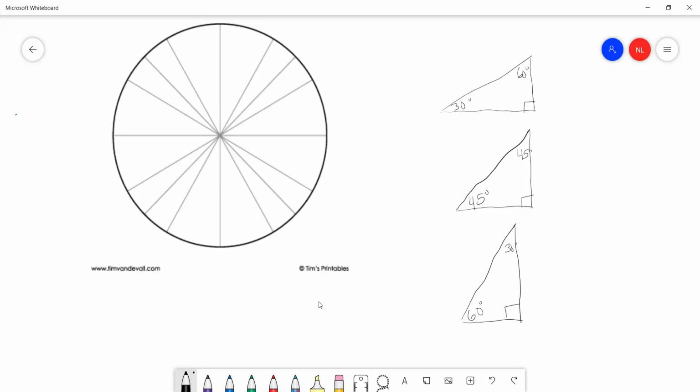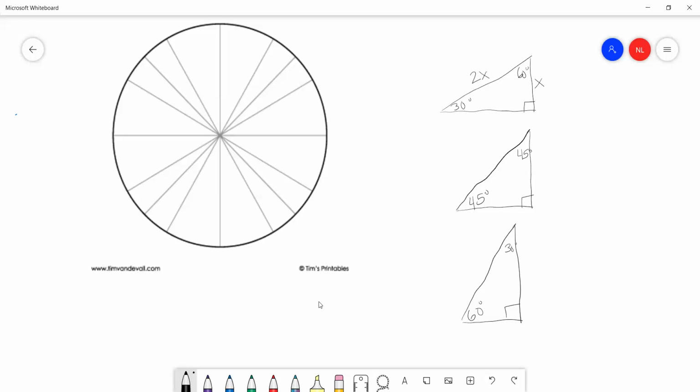Now we have learned in the past that there are special relationships in these special right triangles between the given degrees and their side lengths. So we should know that for a 30, 60, 90 triangle, the short side, the side across from 30 degrees, will always be equal to a value. We'll call that value x for now. The hypotenuse of that triangle will always be equal to twice the value of the short side.